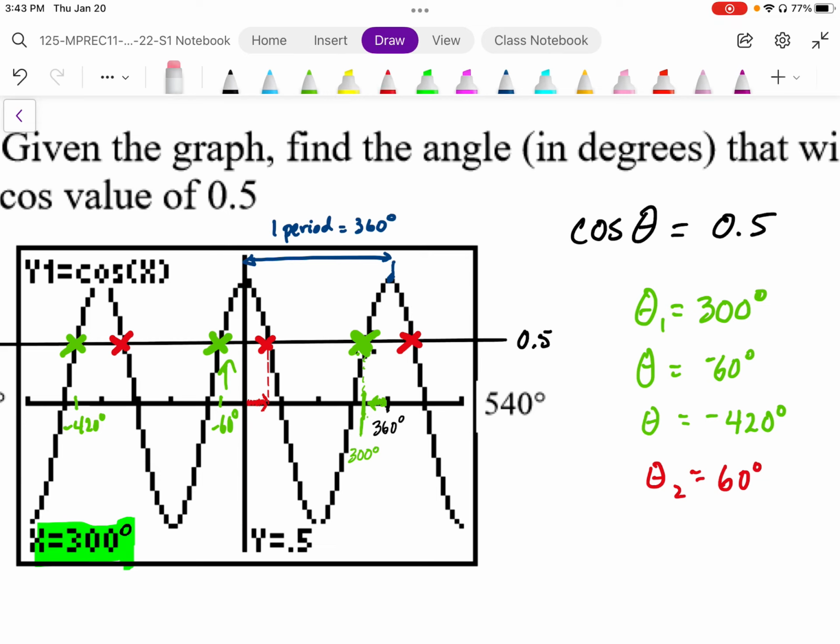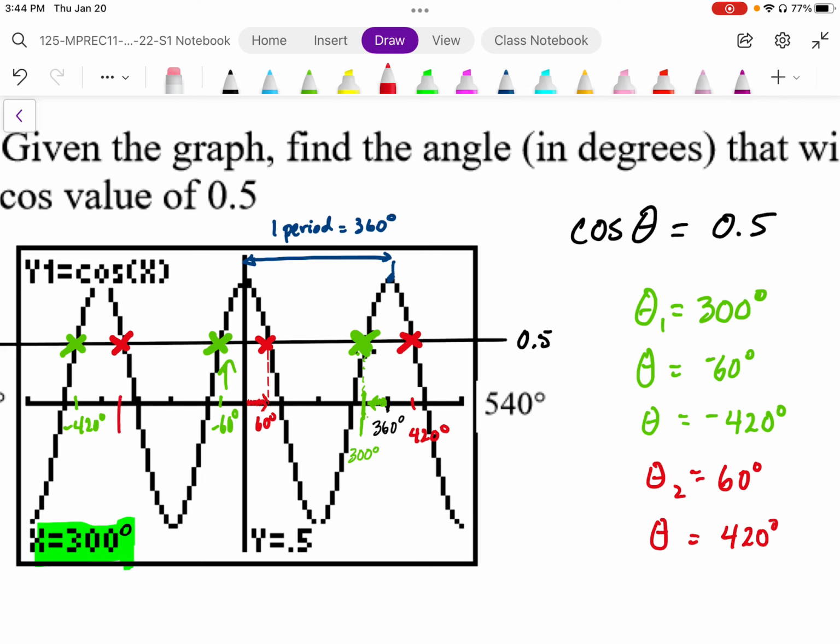And then looking at going from red to the next red point, that's one full rotation with a period of 360 degrees. So then that next coordinate is going to be plus 360, or 420 degrees. And I can see that I am past the 360, so this location here is at 420 degrees. Okay, and this is 60 degrees here.